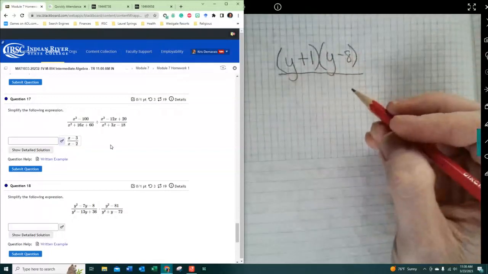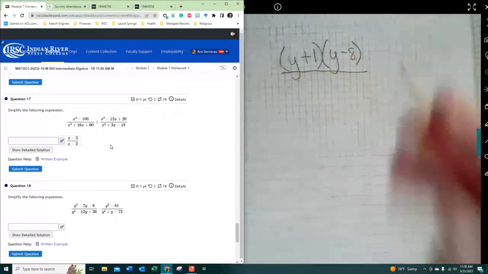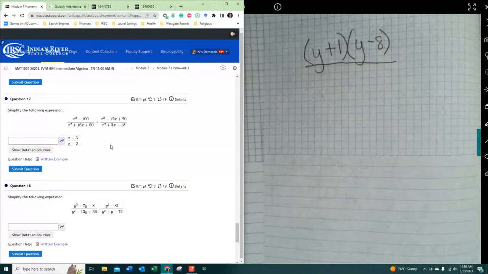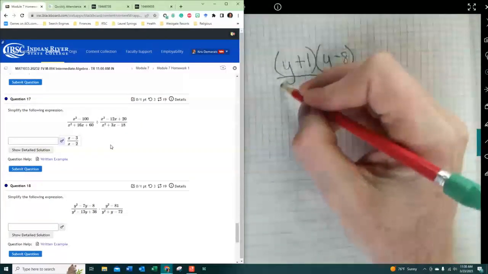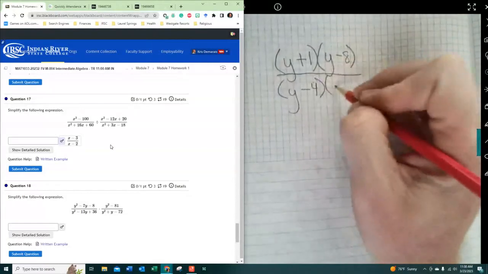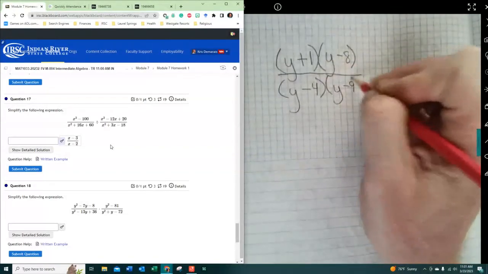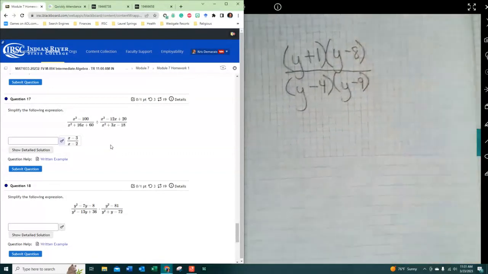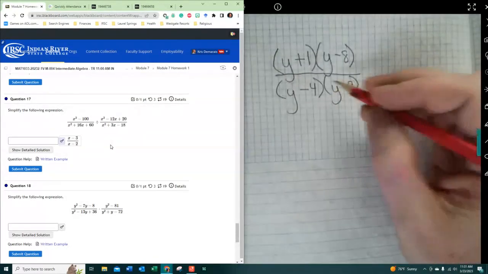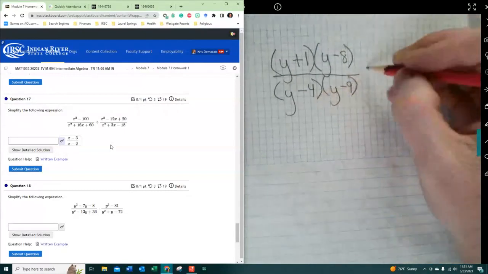That's the factored form of that numerator. The denominator: what two numbers multiply together to create 36 that add up to negative 13? That'll be 9 and 4. So we're going to get negative 4, negative 9, because they multiply together to create a positive 36 and add together to create the negative 13.